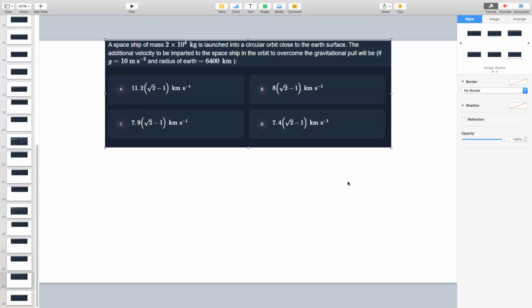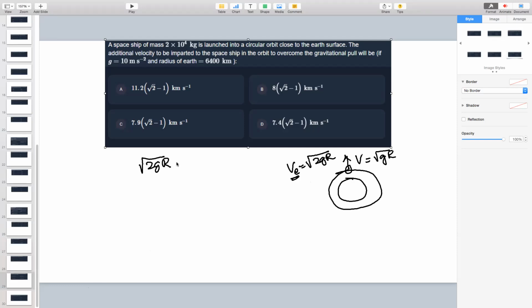Already we know that when a satellite is moving near Earth orbit, the velocity is root gR. And what is the escape velocity? Yes, the escape velocity is root 2gR. That means the additional velocity required to escape this satellite from this orbit will be root 2gR minus root gR.